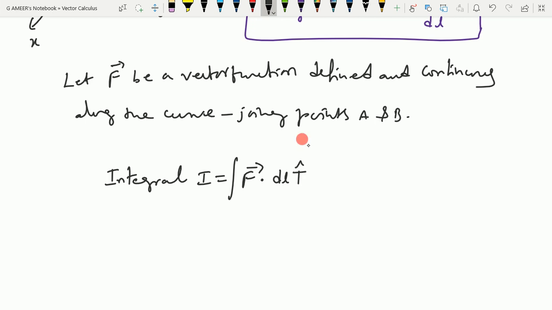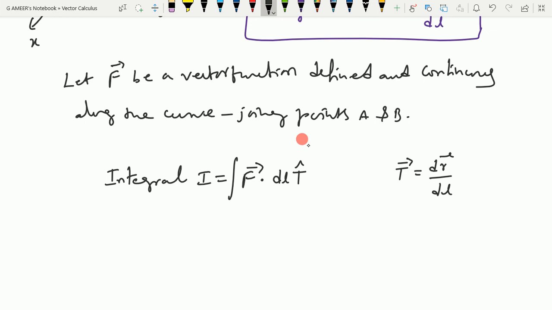Here T cap means the unit vector along the tangential direction. F dot T cap gives the component of this vector function along the tangential direction.